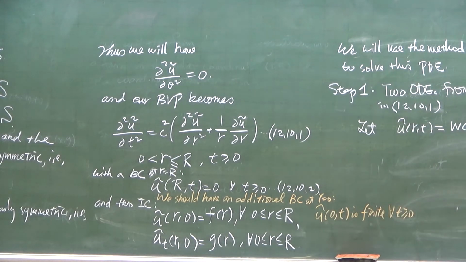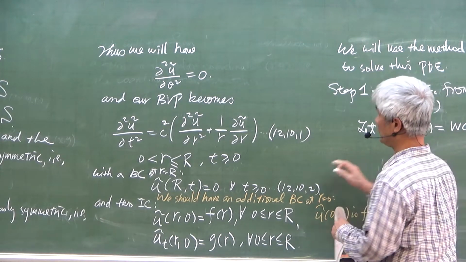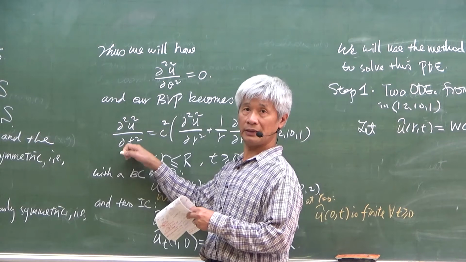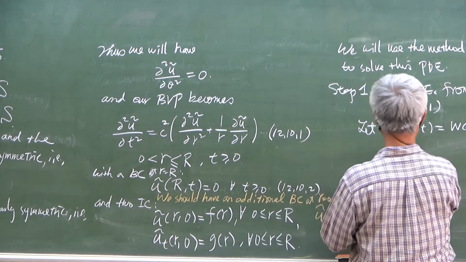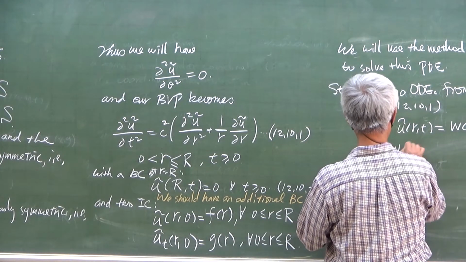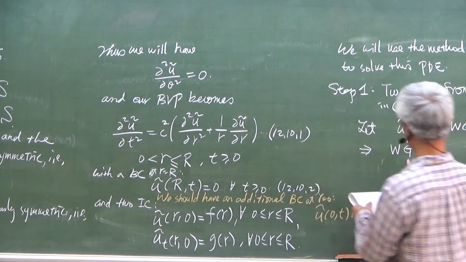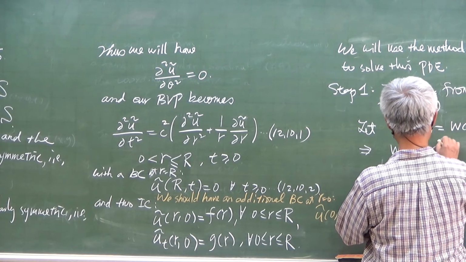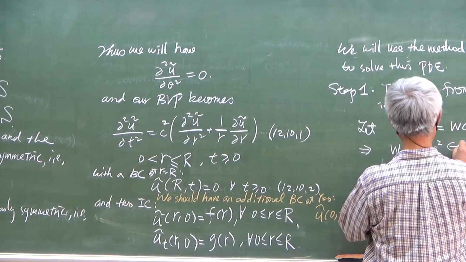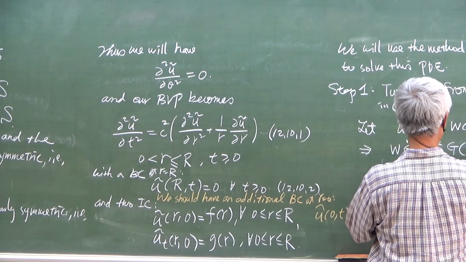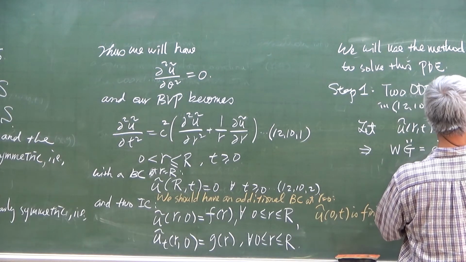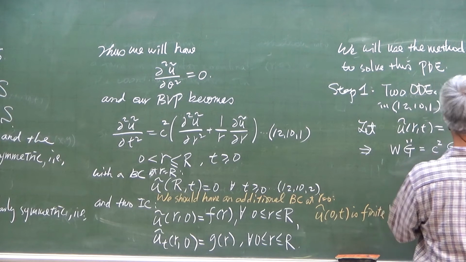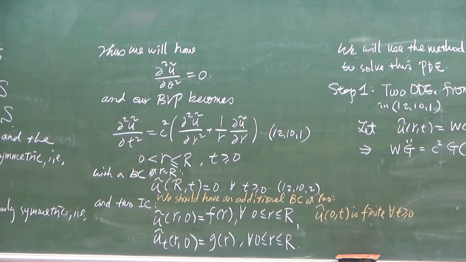So it's separate variables. And so when we put it into the equation here, we will find that W G double dot, the second derivative of G with respect to t, equals c squared times G and W double prime plus 1 over r W prime.